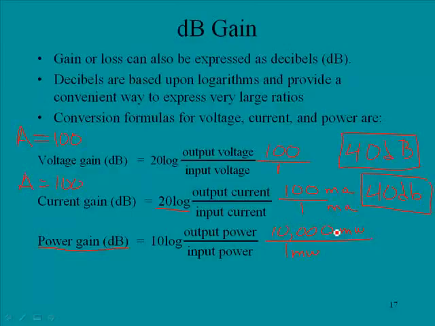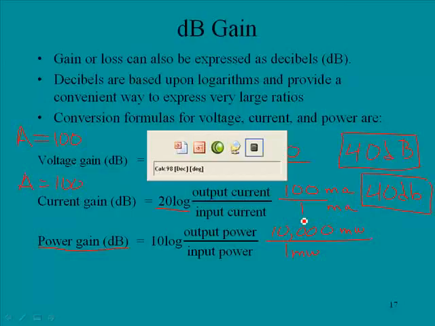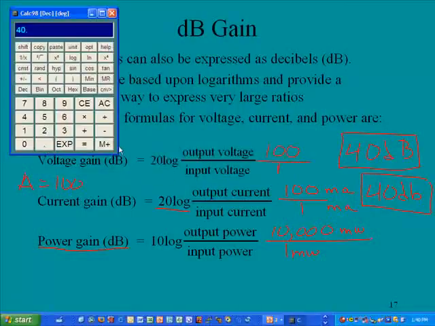So now we're looking at 10,000 milliwatts of power. Now that's quite a difference between 100 over 1 and 10,000, but we're looking at the same amp. So let's again look at our calculator and calculate what is the power gain here. And so we start out with 10,000, and we take the log of that.